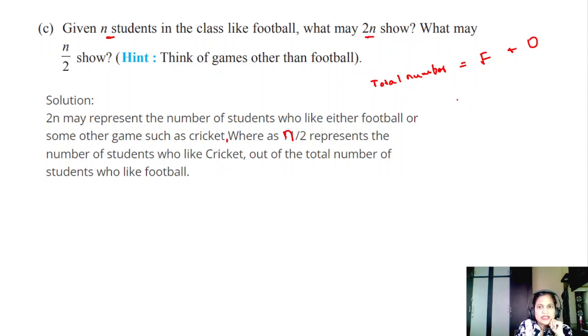What does this number show? That means they like football and also cricket. That number n by 2 is the number of the students who like both cricket and football. Some students like only football. That is what n by 2 shows.